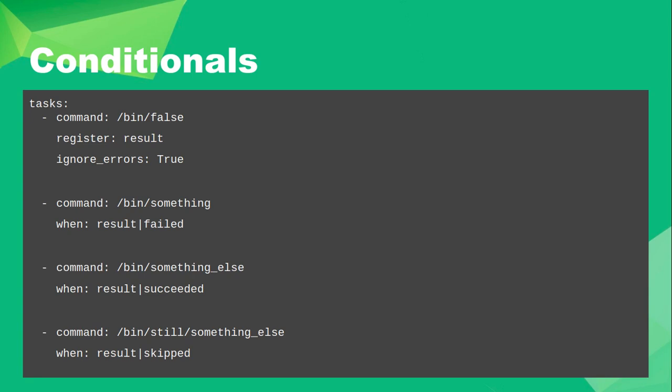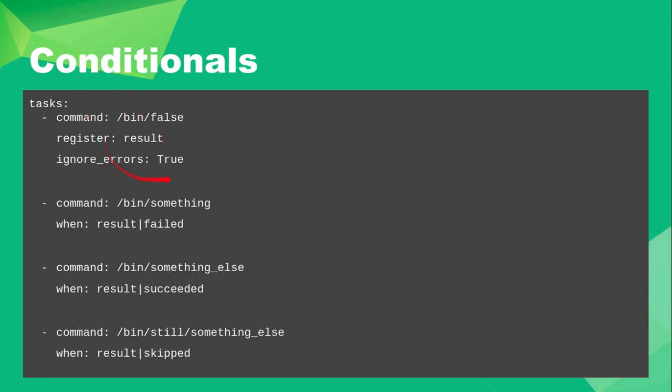Now the next command is, if bin something is there when result is failed, you want to run the bin something command. When the result is succeeded, you want to do something else, or if the result is skipped, you can do something else as well. So this is something like an if-else conditional, where the first task is the command bin false.